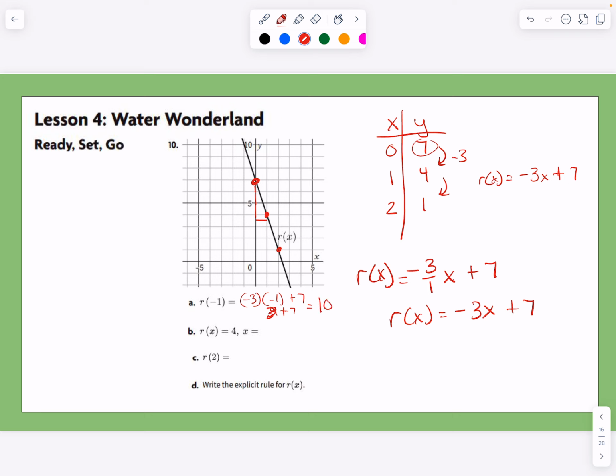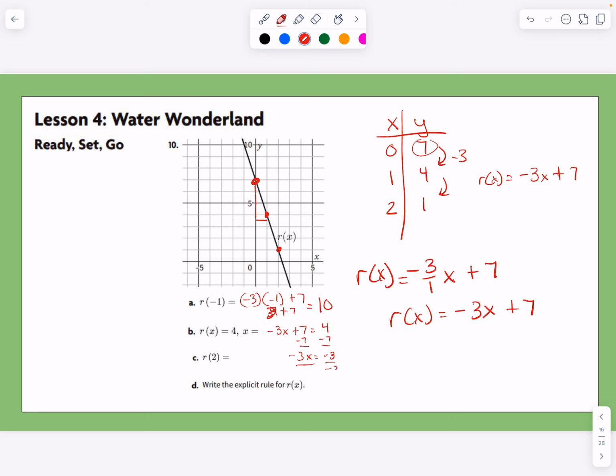All right, when does it equal 4? Well, that's negative 3x plus 7, and we're going to make that equal to 4. If I subtract 7, I get negative 3x equals negative 3.